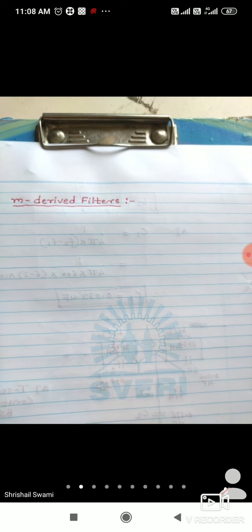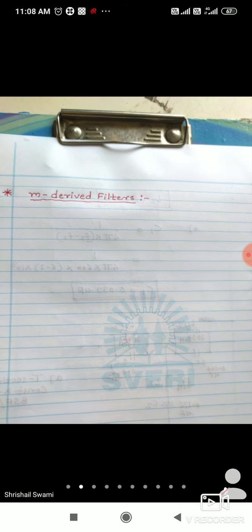So in that the characteristics impedance is not uniform. It is going to continuously change in case of constant K type. So that should be avoided. That should be minimized, and that should happen when we are modifying something. So what will be the modification that we are going to learn?